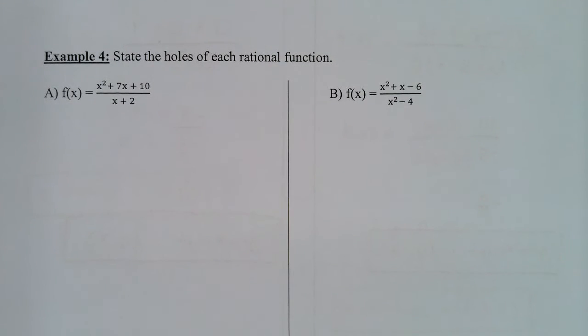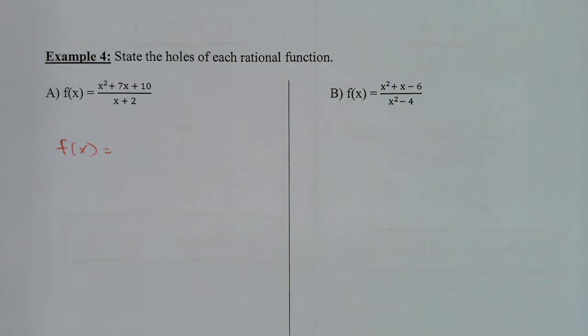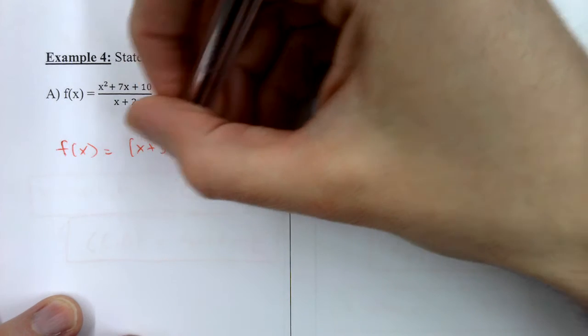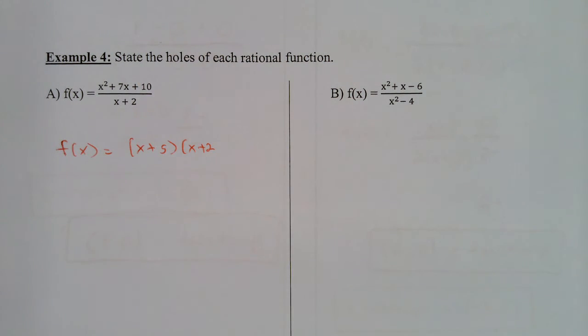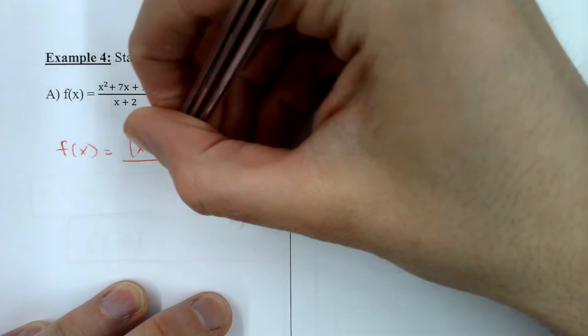Example 4, state the holes of each rational function. You're going to start by factoring, if possible. So we're going to factor the numerator here because you can factor the numerator. Find two numbers that multiply to 10 and add to 7. x plus 5 times x plus 2, divided by x plus 2.